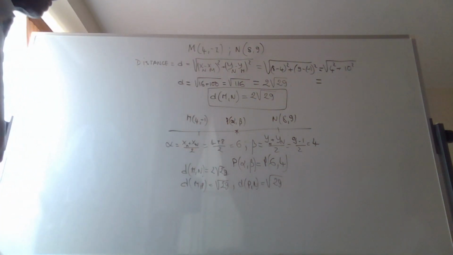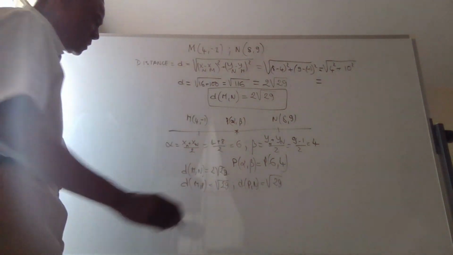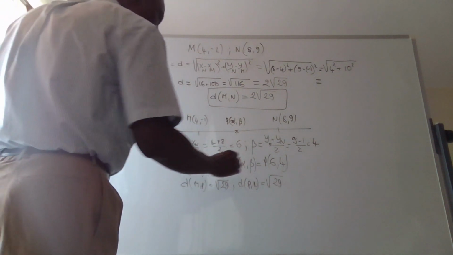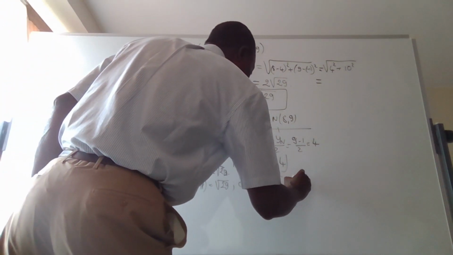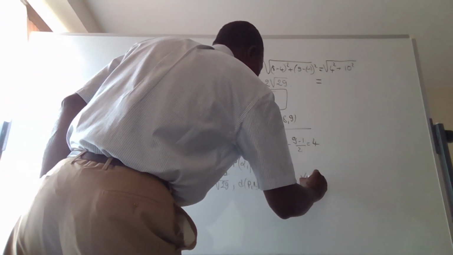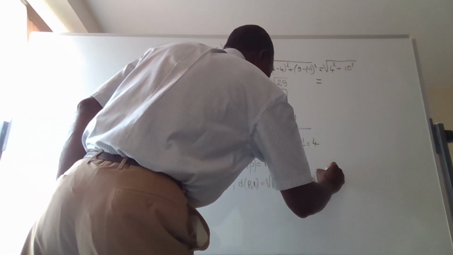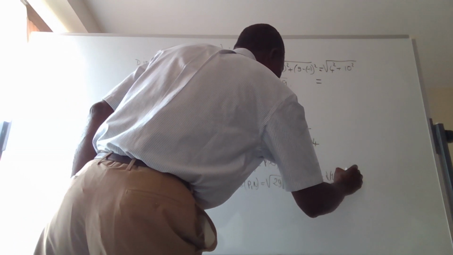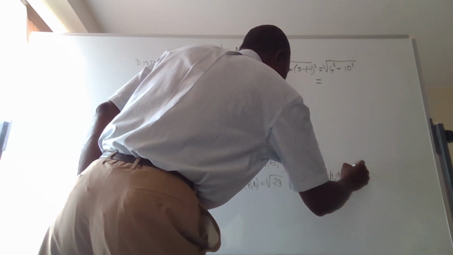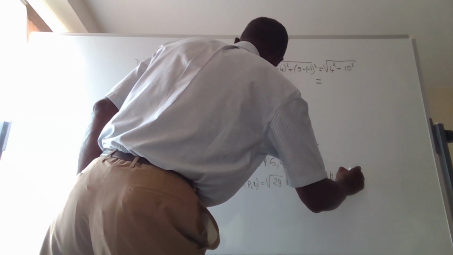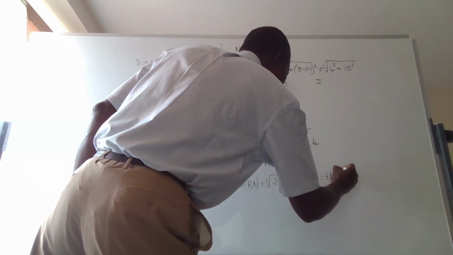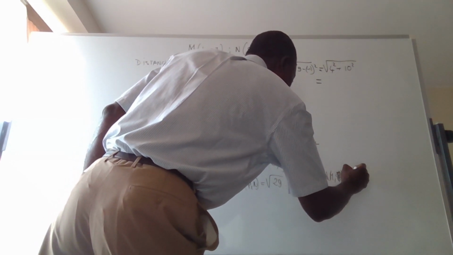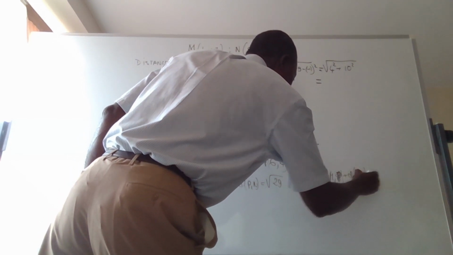So this implies distance MN equals distance MP plus distance PN.